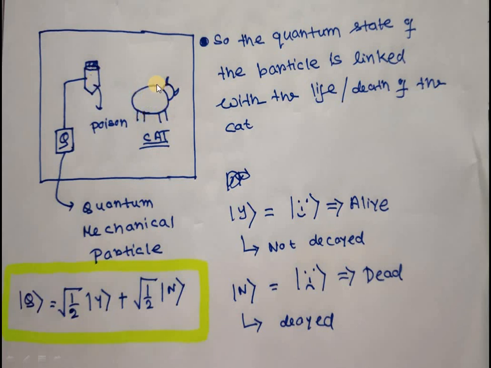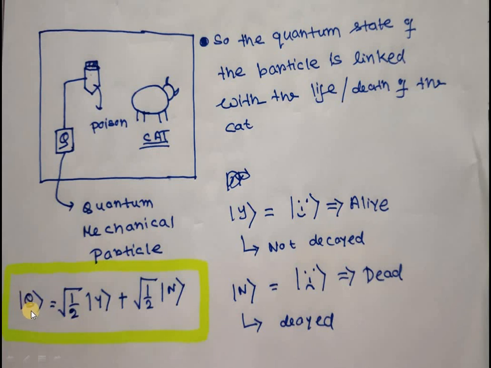So you can see that the quantum state of the particle, whether it will decay or not, is linked with the life or death of the cat. If the quantum state is the decaying state, the cat will die, and if it is the not decaying state, the cat will be alive. So the cat's life or death is related to the state of this particle.